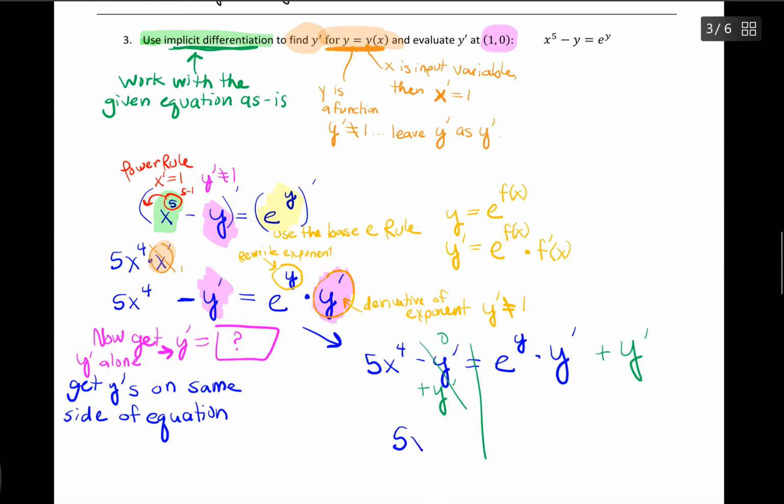So I'm going to have 5x to the fourth on this side and y prime plus y prime on this side. But I need to get the y prime in one location. The y prime is still in two locations. So you're going to factor out the y prime.